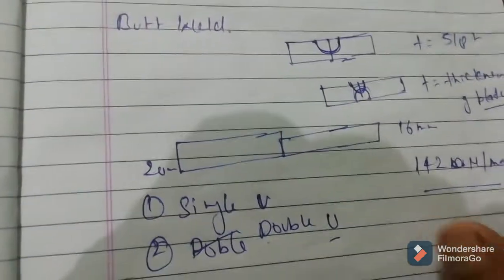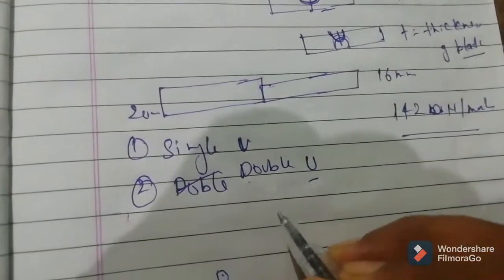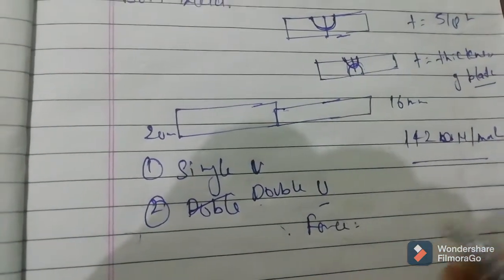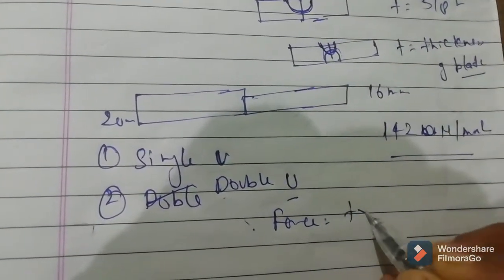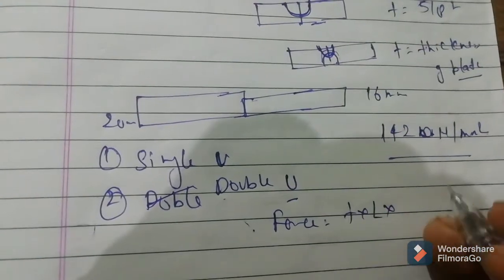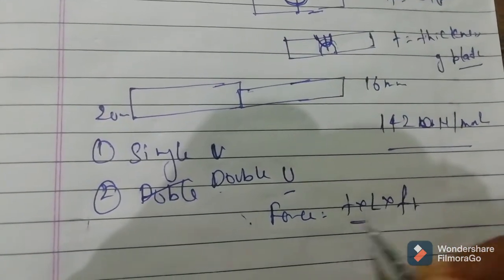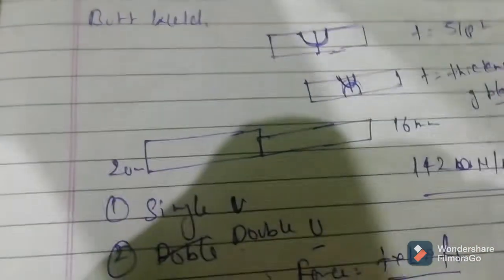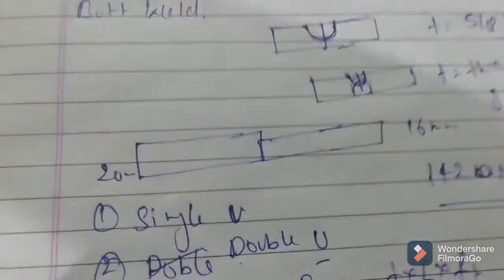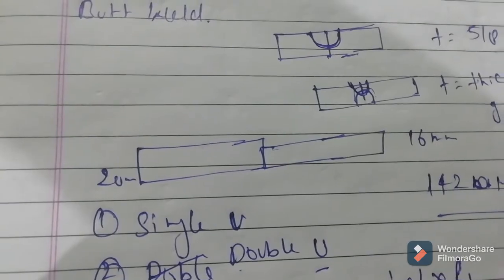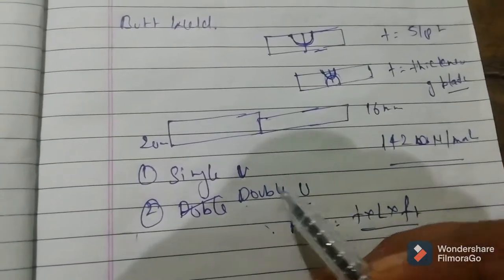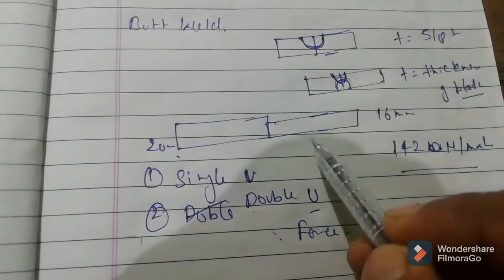So for single, first write the force. What is the force equal to? Force equal to T into L into Ft. So now here L has no meaning because nothing has been given, so you only have to add these plates.